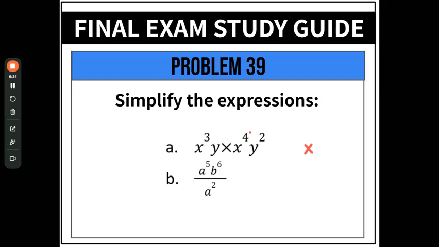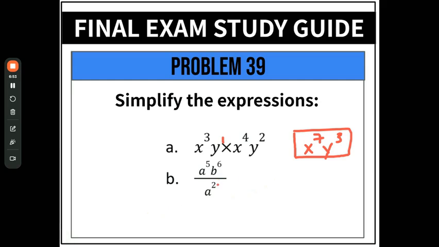So 3 plus 4 is going to be 7. And then for the y, base is the same. Exponents are added together, so the base is y. Now, it's not written here, but it's understood that this y has an exponent of 1. So when I add 1 and 2, I get y to the third. And that is that one simplified.